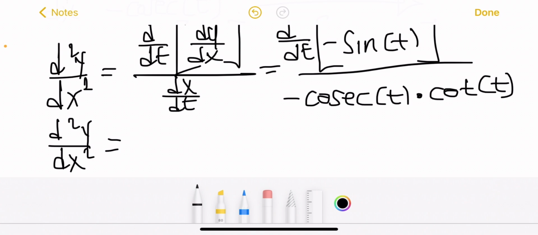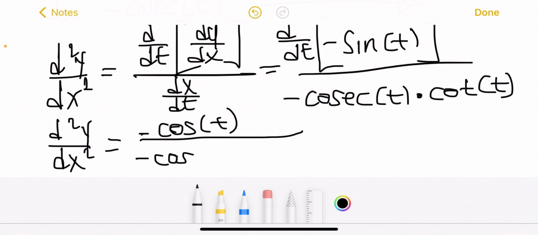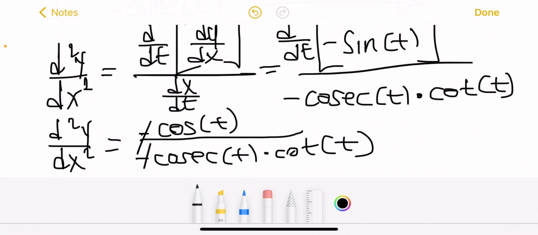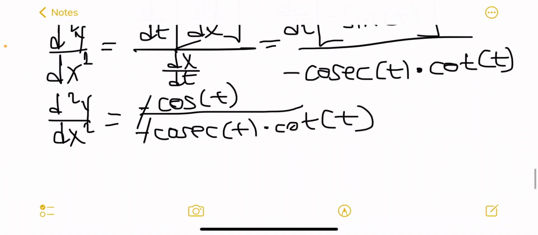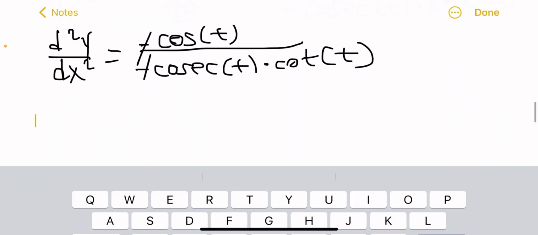But because we have the negative, it will be negative cos of t over negative cosecant of t multiplied by cot of t. Then now cancel the negatives. And then we further simplify this.